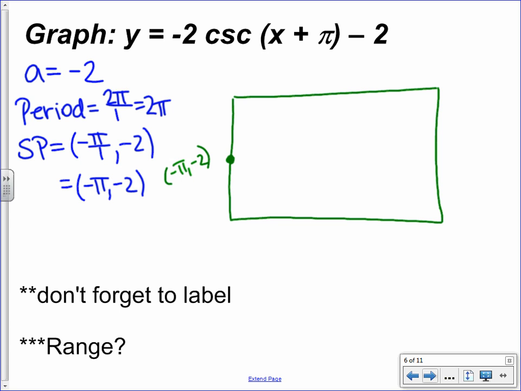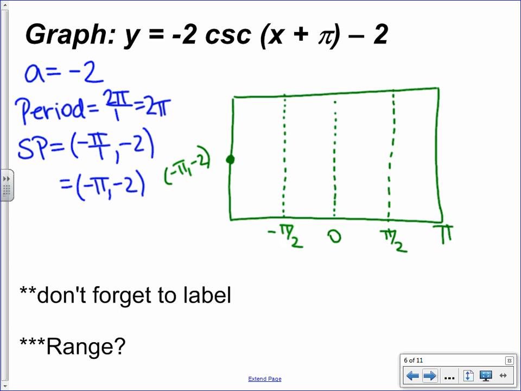If I begin at -pi and our period is 2 pi, where are we ending? Pi. What's halfway between -pi and pi? 0. What's halfway between -pi and 0? -pi/2. And halfway between 0 and pi?